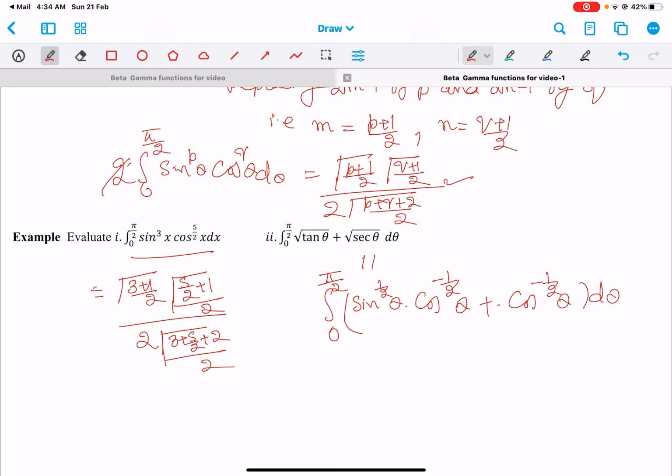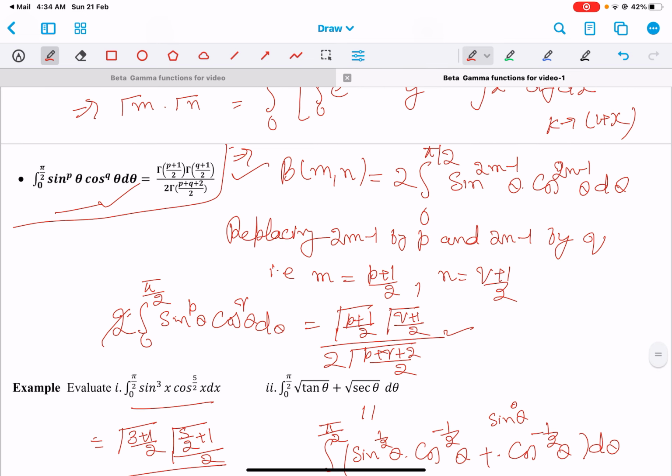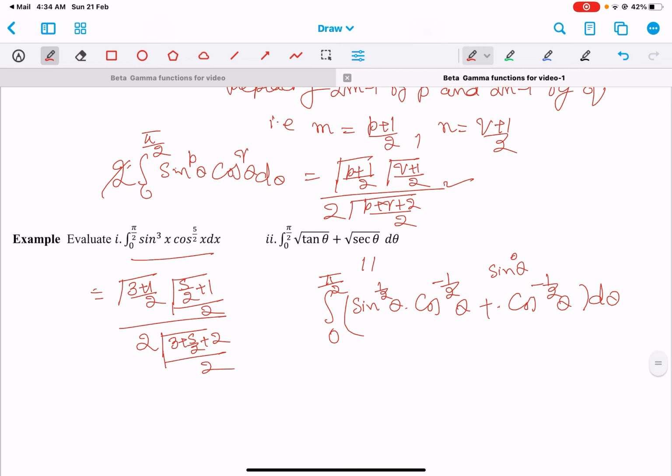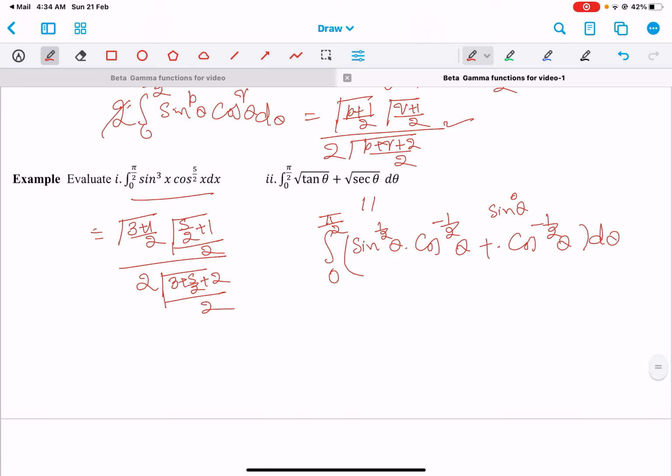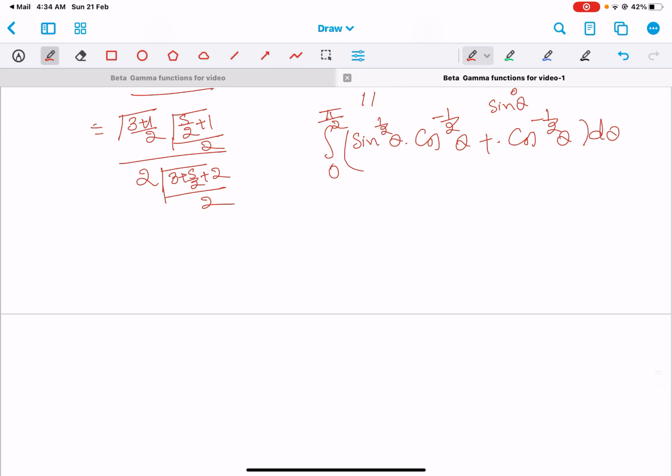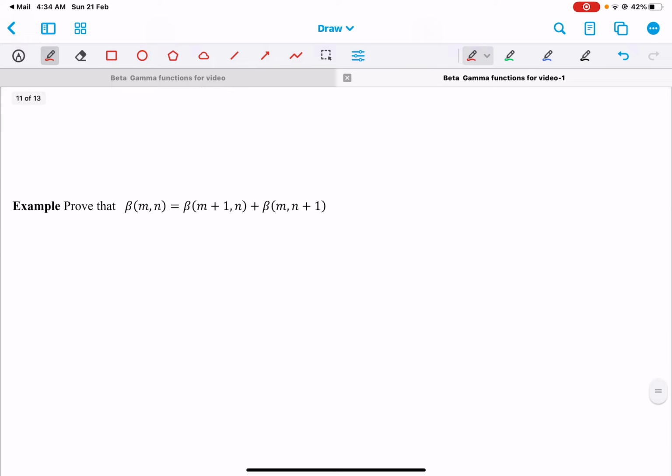Here also you may multiply it by sine 0 theta and apply the same result, that this integral 0 to pi by 2 sine p theta cos q theta d theta is given by this. And you may just get the final expression for this.